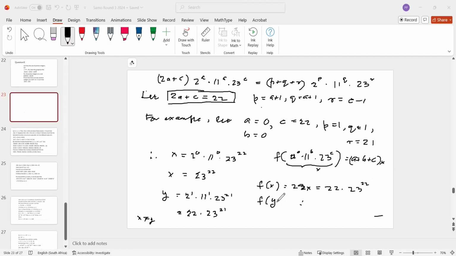What is f of y? There's y here. The sum of the exponents p plus q plus r is 1 plus 1 plus 21, so that's 23.